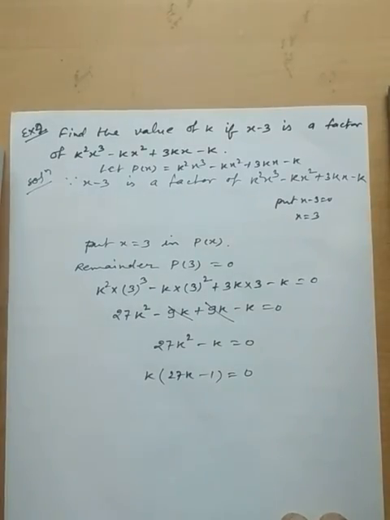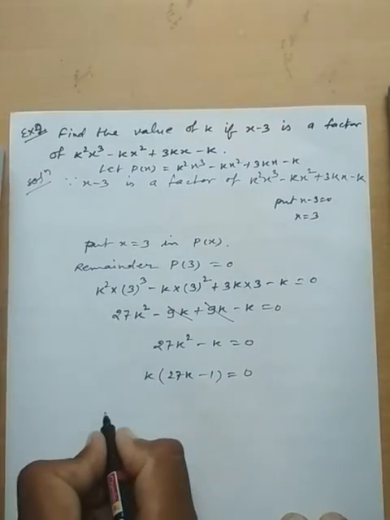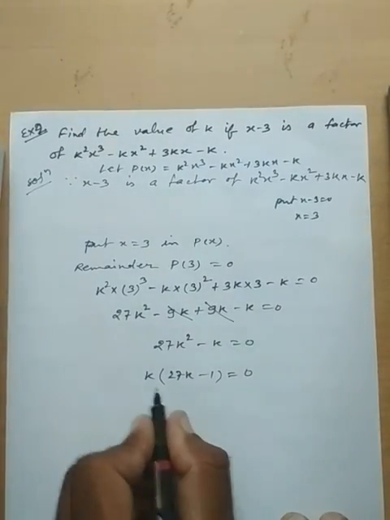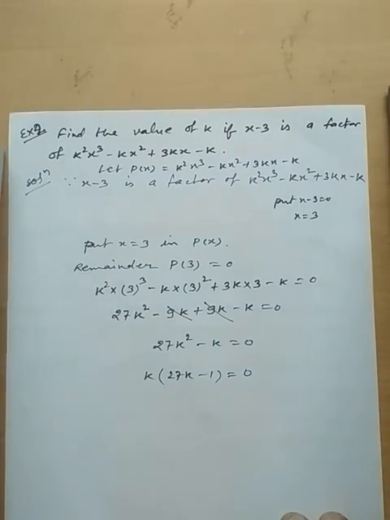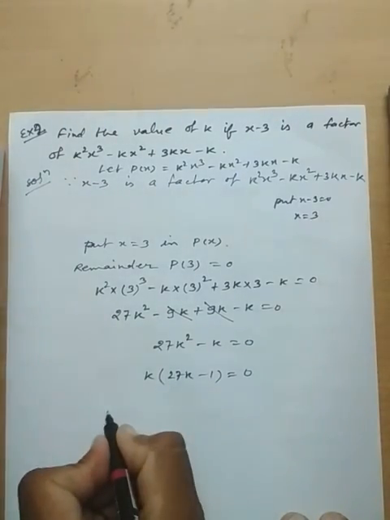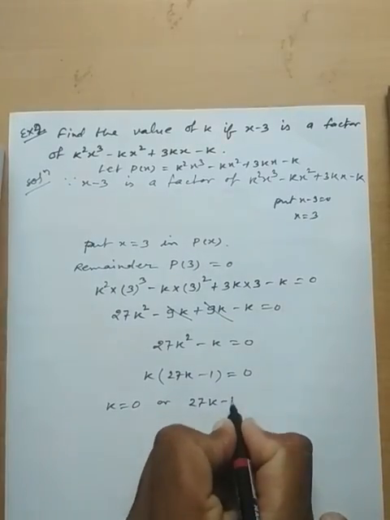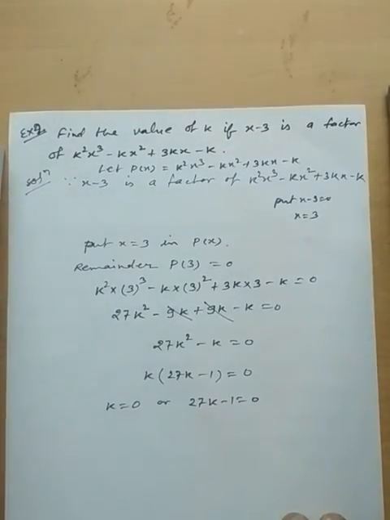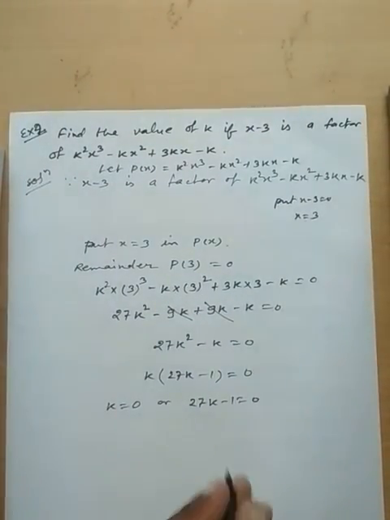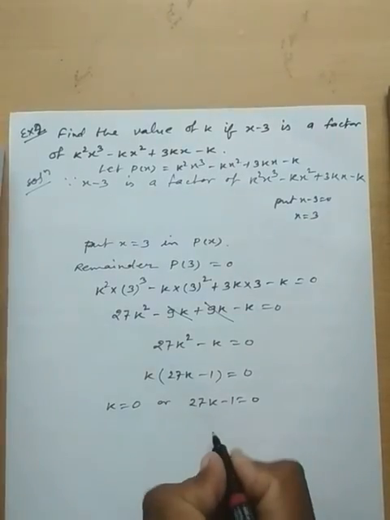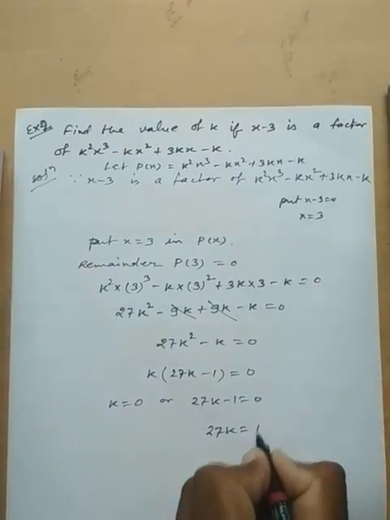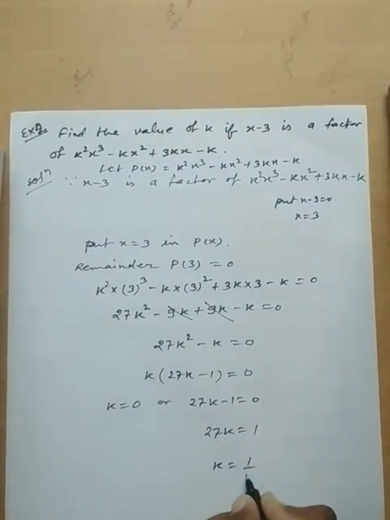Here there are two factors, k and 27k minus 1. So k equal to 0 or 27k minus 1 equal to 0. Here 27k minus 1 equal to 0, so 27k equal to 1 and k equal to 1 upon 27.